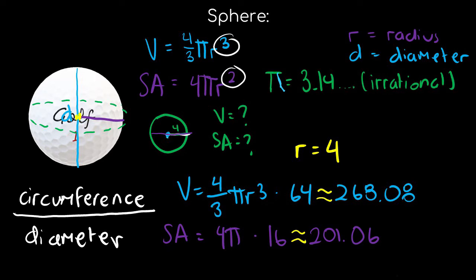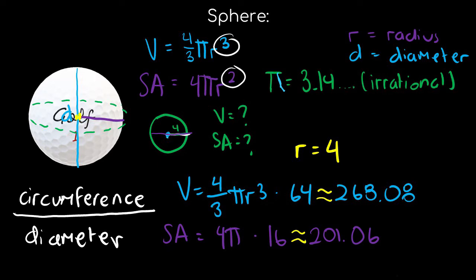So the volume is 4/3 pi r cubed, with r cubed being 64. Sorry. 4/3 pi times 64.